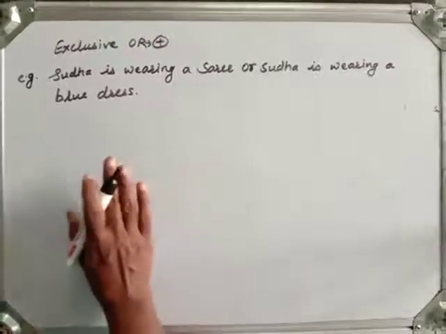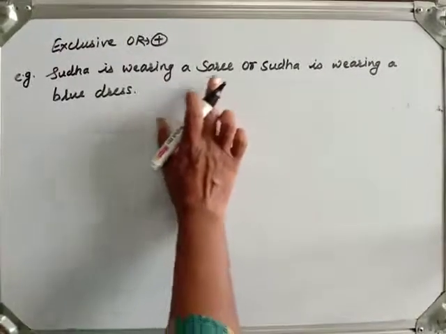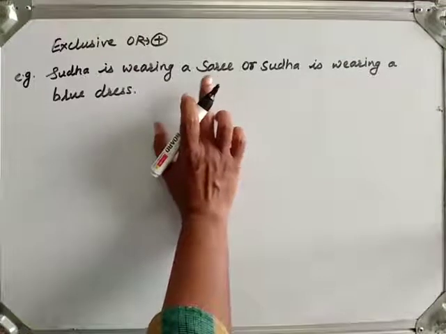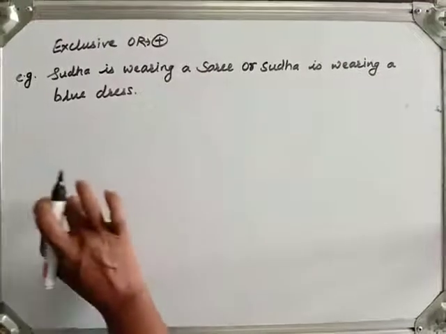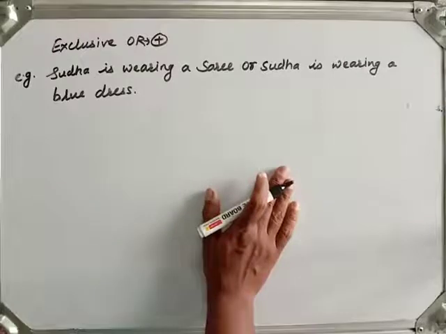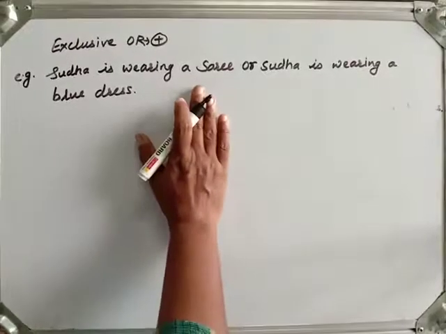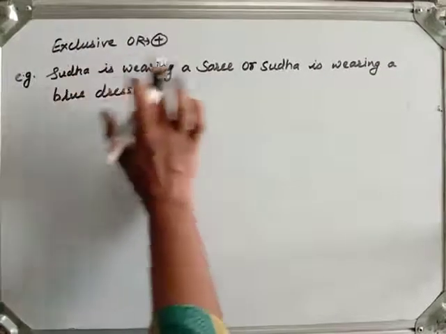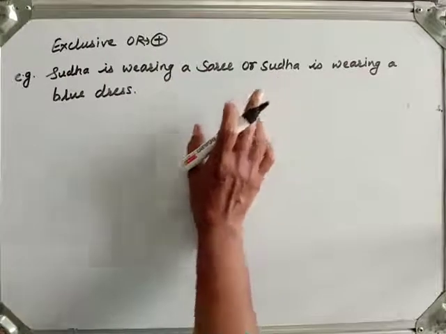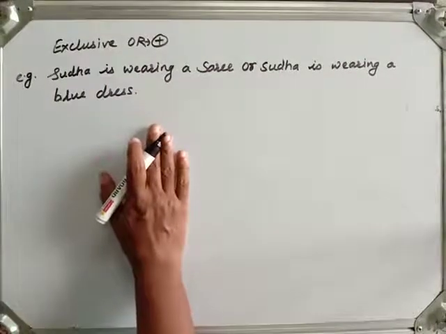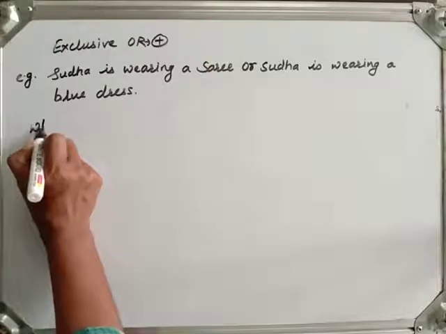So that is inclusive OR. In that example both things are possible at the same time, but here only one of the things is possible, because this is about the same person. So this is known as exclusive OR.